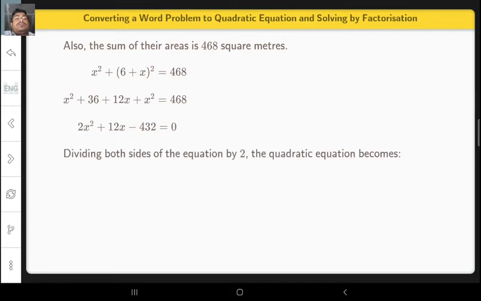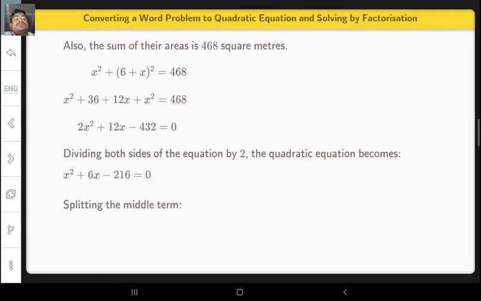On dividing both sides of the equation by 2, the quadratic equation becomes x squared plus 6x minus 216 is equal to 0. Now we can solve this equation to find out the sides of each of the squares.